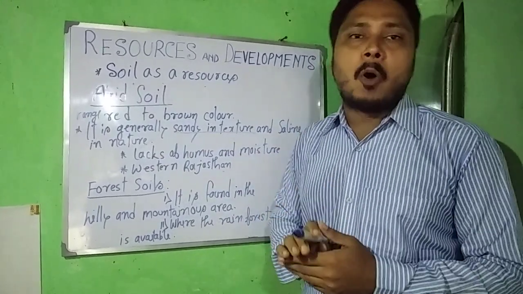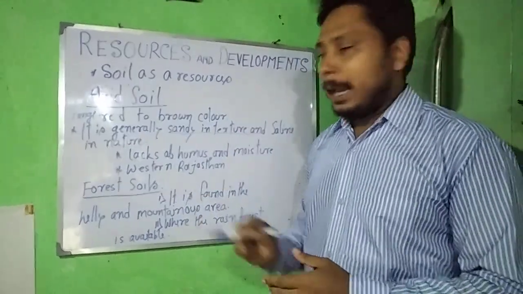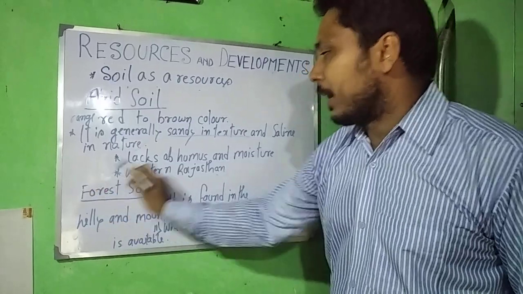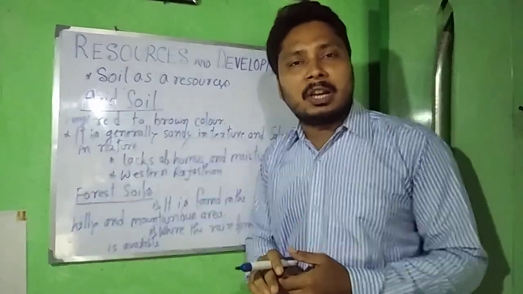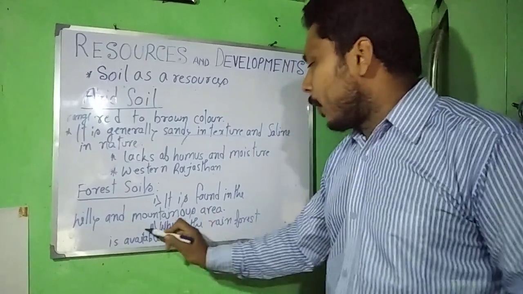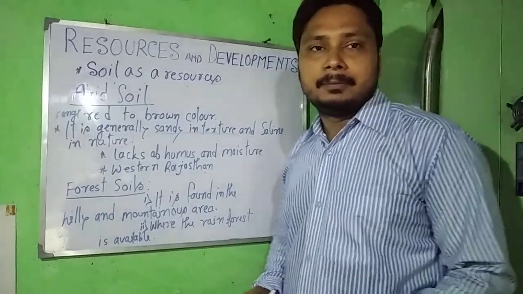So we need proper irrigation to cultivate in these soils. The next topic is forest soils. It is found in hilly and mountainous areas where rainforest is available.